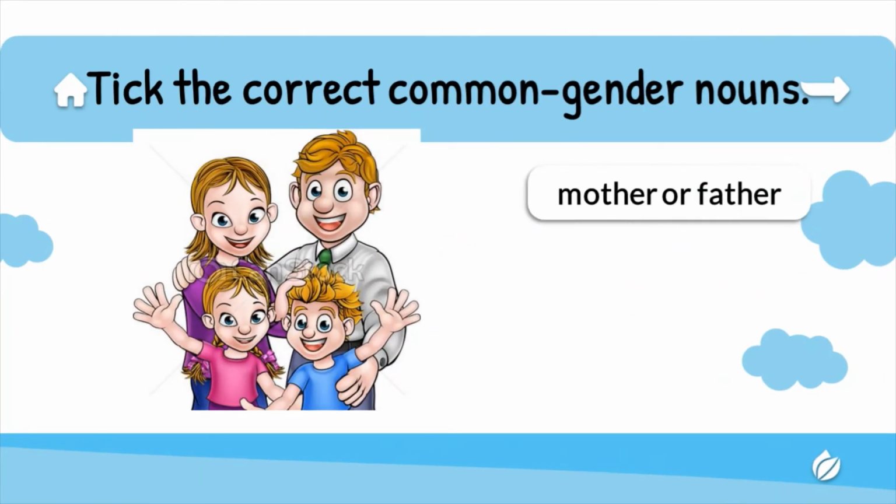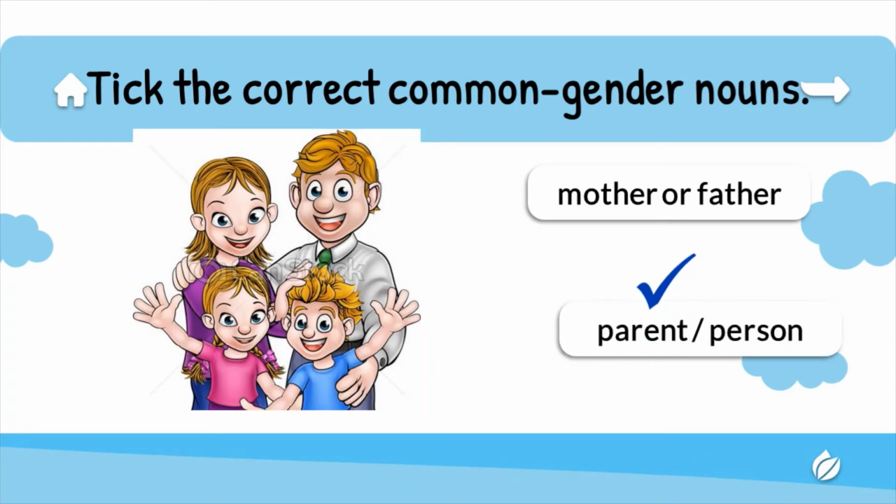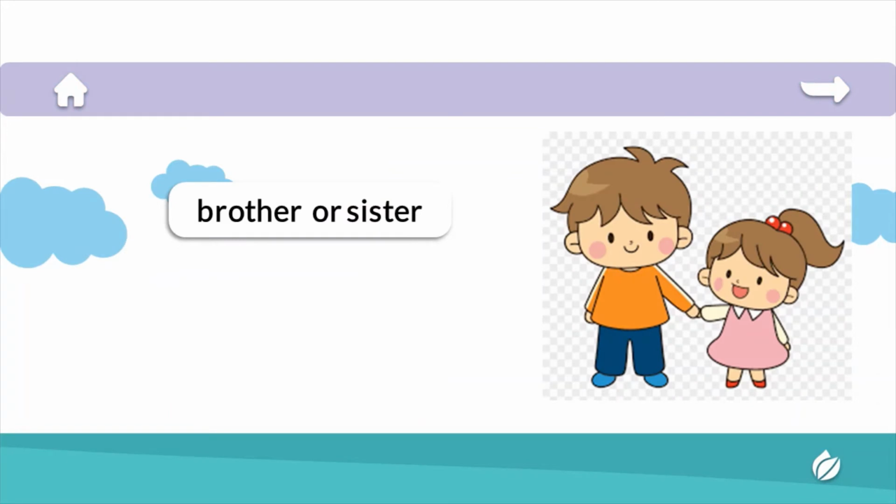Now, let's do some exercise based on this topic. Here are certain nouns and we have to choose the correct common gender noun. Mother or father, the common gender noun is parent. Brother or sister, sibling.